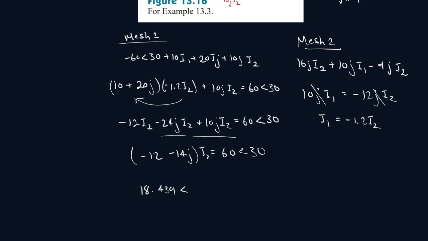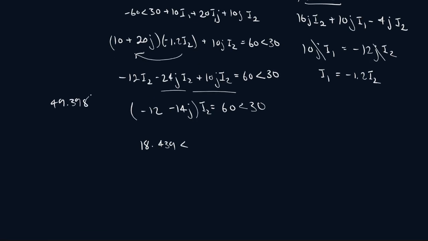Let me quickly calculate the phasor degree. And you're going to get 49.398 degrees. But double check this on the Cartesian plane, because 49.398 degrees is somewhere up here, but minus 12, minus 14 is somewhere down here.